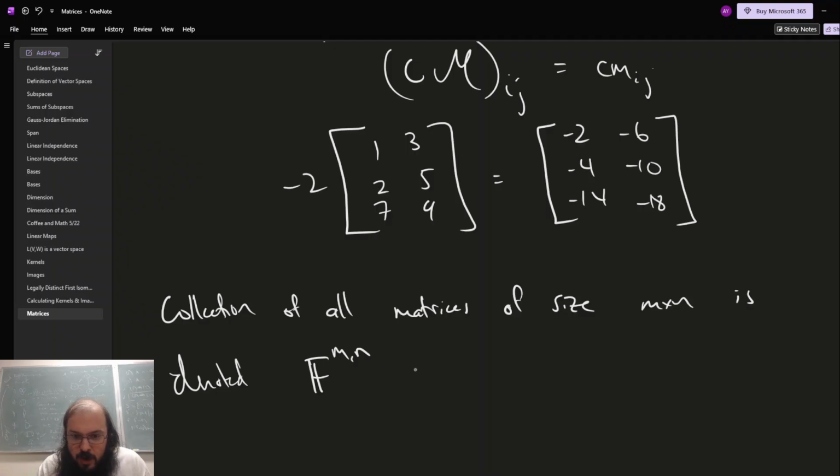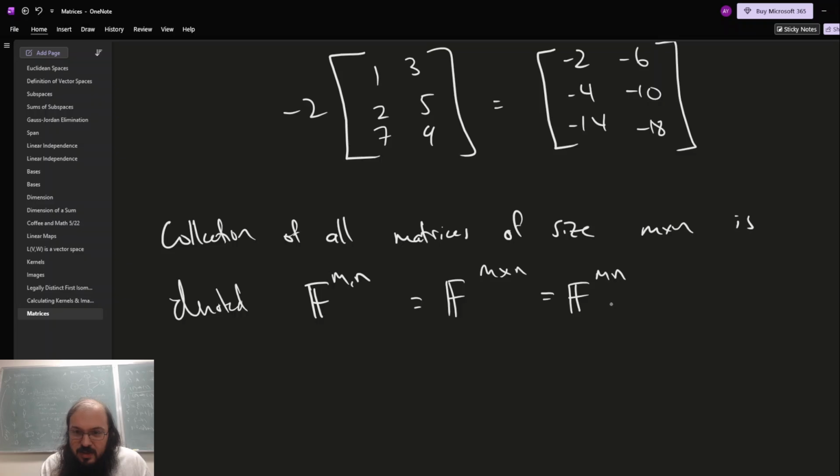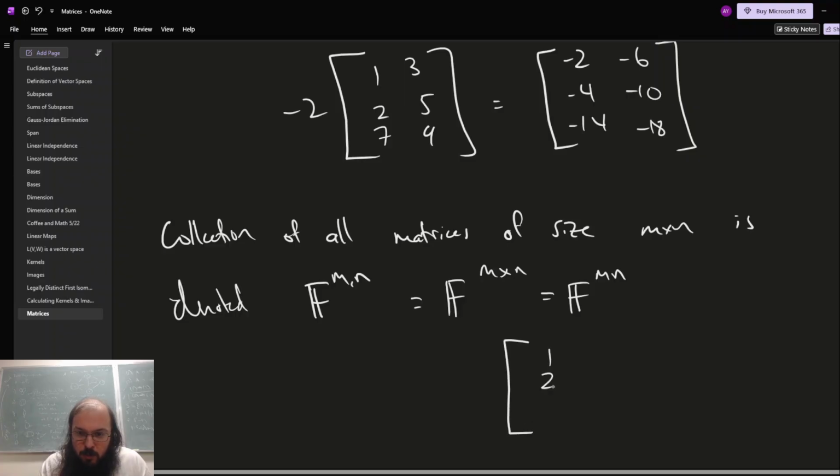If you go on the internet, you also see notation F^(m×n). Or of course, you can just see F^(mn), but this last one is a little bit more suspicious because it's not obvious. Like, for example, if I just wrote F^4, it's true that elements of F^4 could be written like this, right? 4 entries.